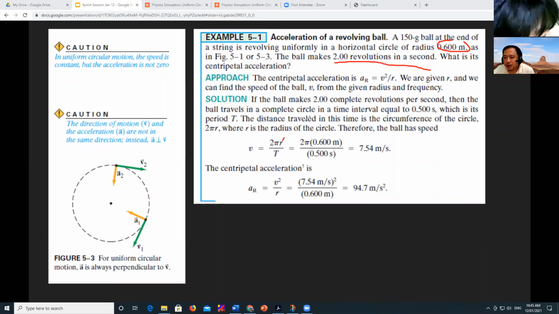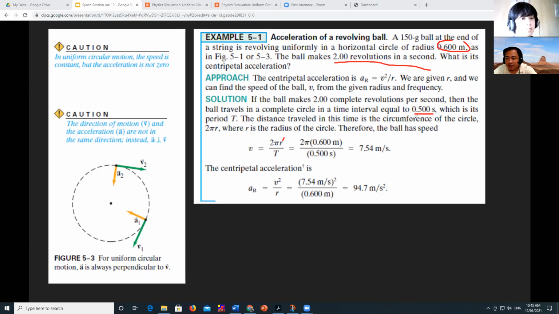And since you need the 2 pi r over t, here is the solution. If the ball makes 2 complete revolutions per second, then the ball travels in a complete circle in a time interval of 0.50 seconds. Since it is 2 revolutions in a second, 1 revolution takes 0.5 seconds, which is its period, T. The period is the time to complete 1 revolution, 0.5 seconds.